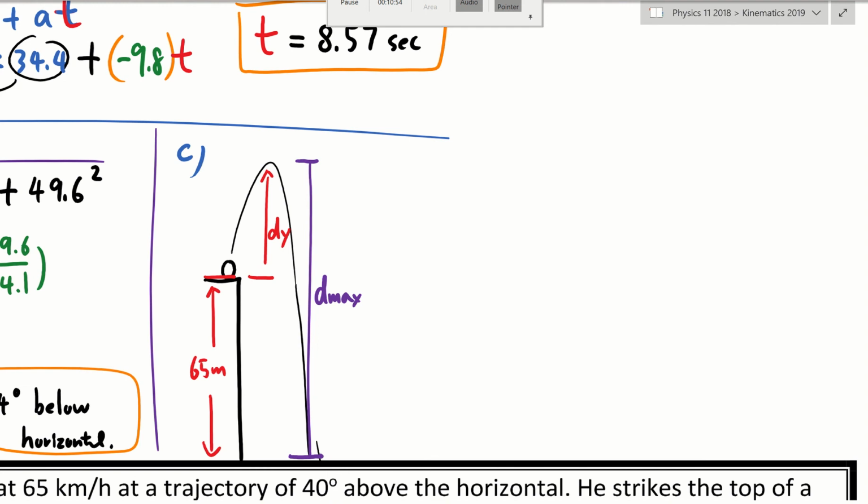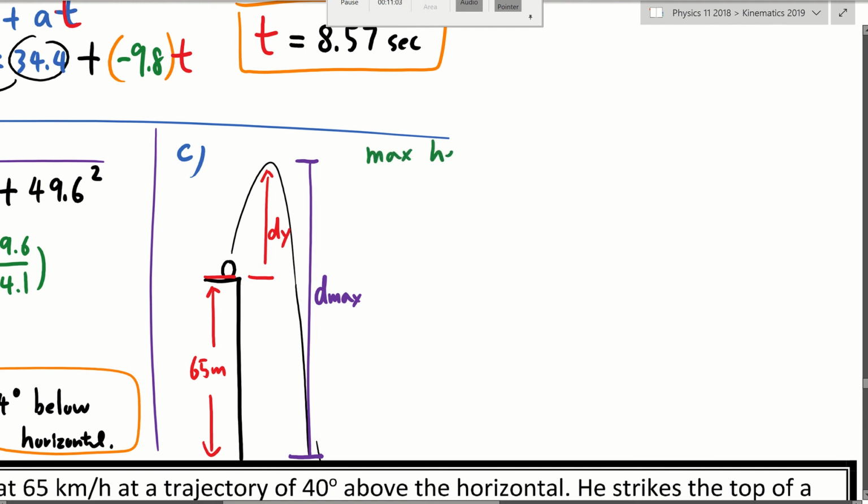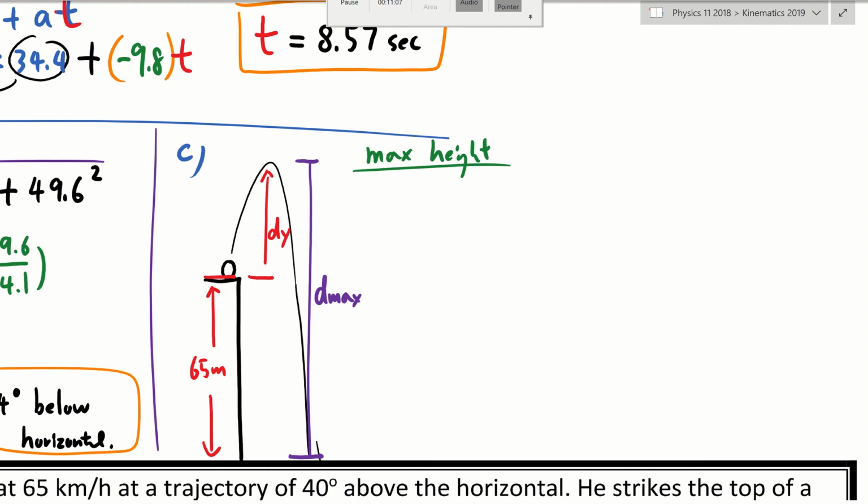Okay, so what is so special about maximum height? Well, same thing from the 1D situation. So at the maximum height, you have something special. Some of you in class might be yelling out that answer right now, which is the velocity at the top. When the object is at the top, horizontally it has a velocity, but vertically that velocity is gone.